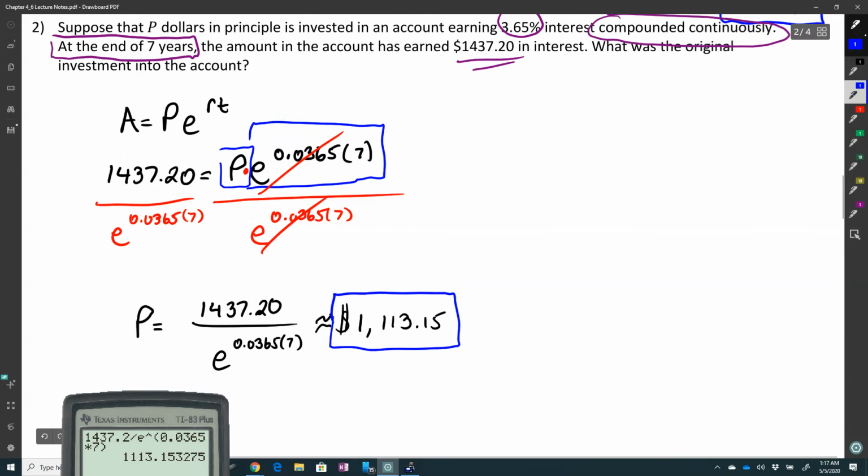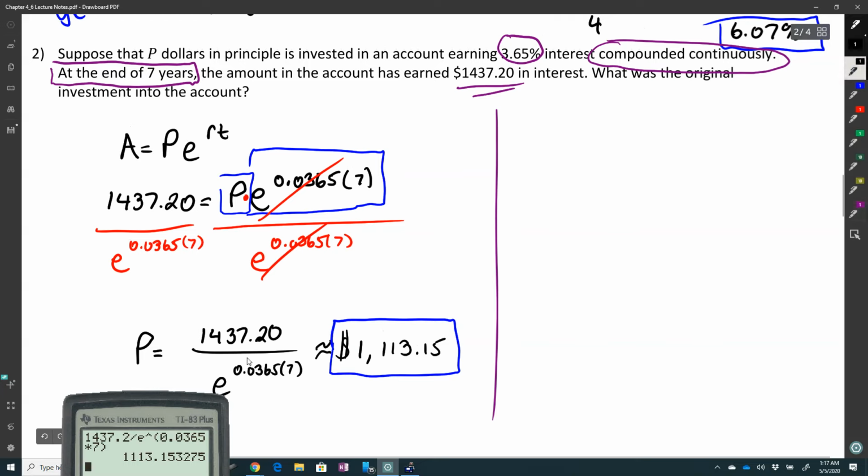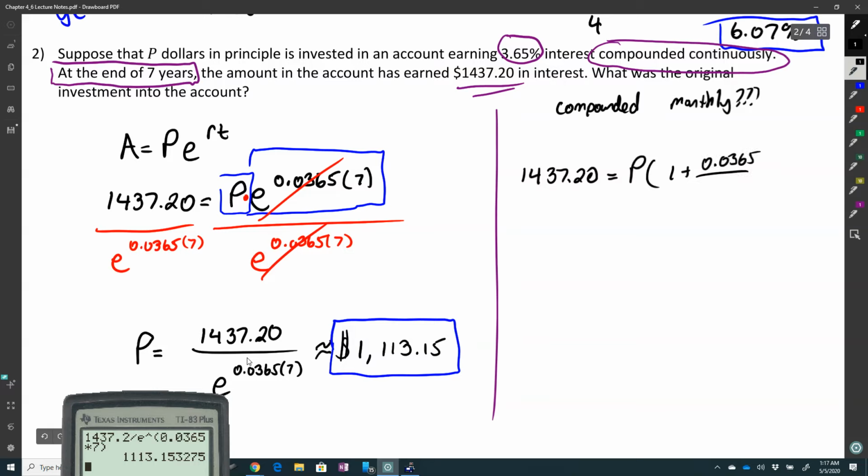so this one was actually easier and didn't require any actual log stuff. So what if it had been compounded monthly? Then the equation would have been different. The equation would have been P times (1 plus 0.0365 over 12) raised to the 12 times 7.